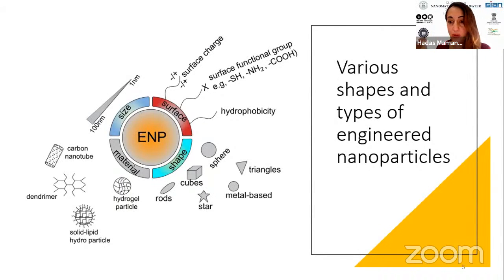Another important feature that we discussed yesterday was the surface charge and degree of agglomeration. And we know that the surface charge is represented by the zeta potential. So the zeta potential is also a key parameter in understanding nanoparticles in the aquatic environment. And the surface charge controls the stability of the nanoparticles, which impacts, of course, the agglomeration of these particles and also the toxicity.